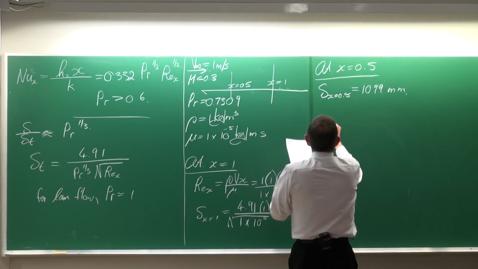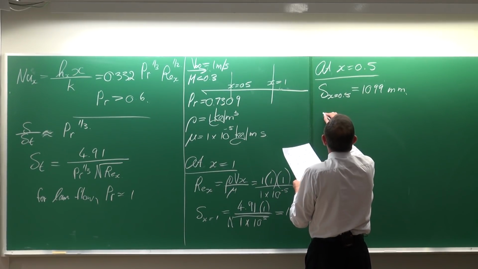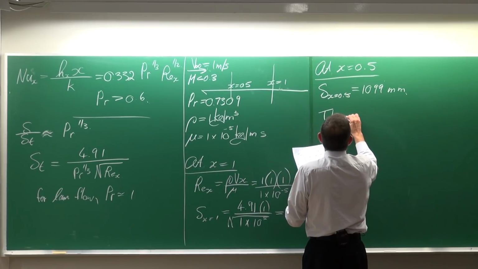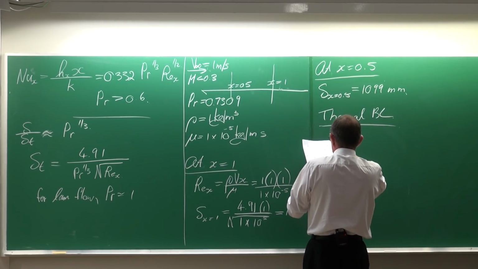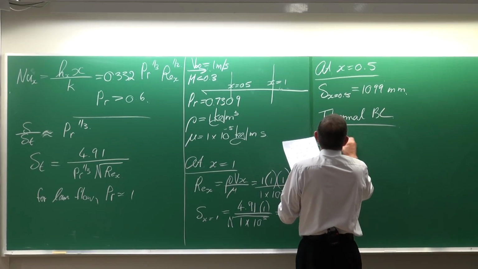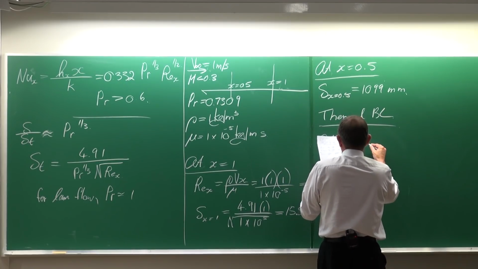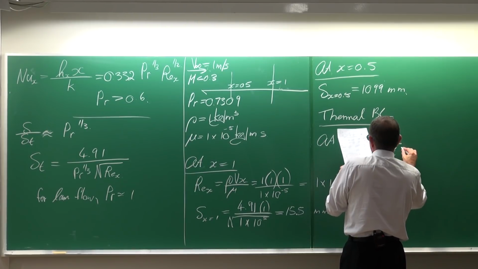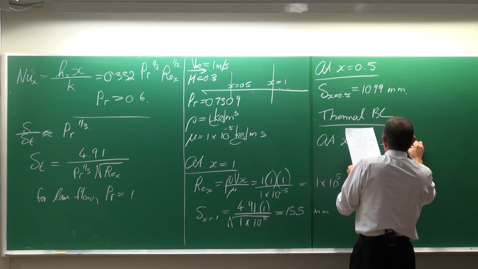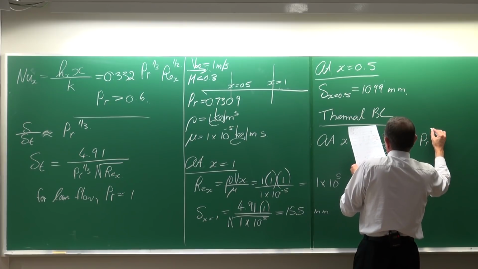Now, in terms of the thermal boundary layer, at x equal to 1, the ratio of the boundary layer thickness to the thermal boundary layer thickness is equal to Prandtl to the 1/3.